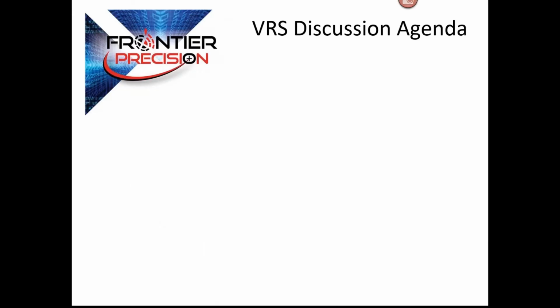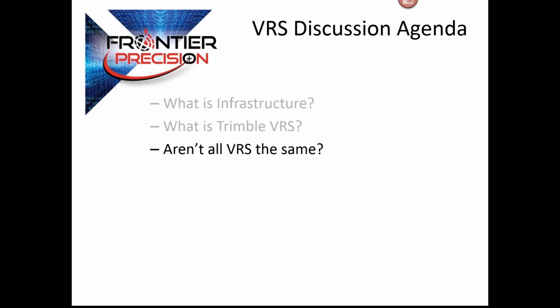Thank you everybody for attending today's discussion on VRS. Today's agenda: we'll talk about what is infrastructure, and what is Trimble VRS. We'll show you how not all VRS are the same.